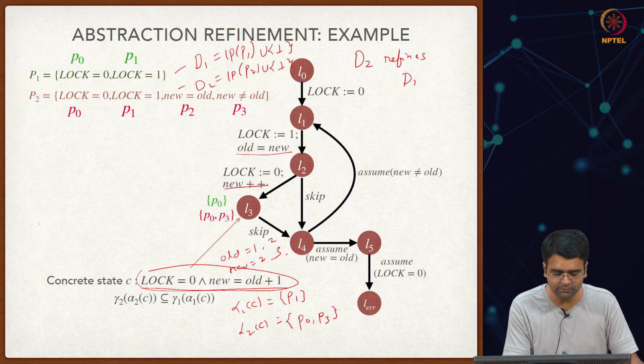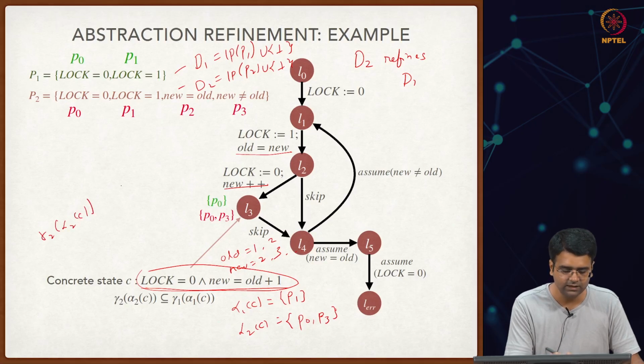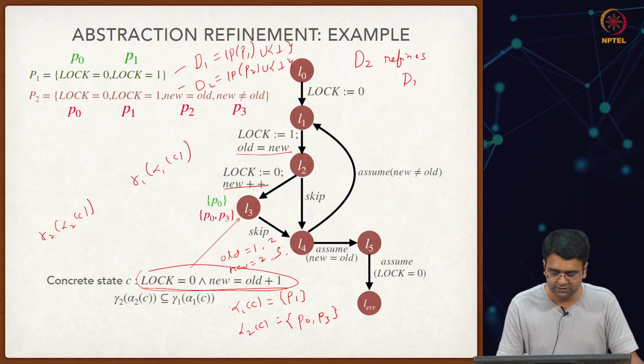Now what is gamma 2 of alpha 2 of C, and gamma 1 of alpha 1 of C? In particular, what is the relationship between these two sets? Gamma 2 of alpha 2 of C is the set of all program states which satisfy both P0 and P3, meaning that the value of lock is 0, but the values of the variables new and old are not equal.